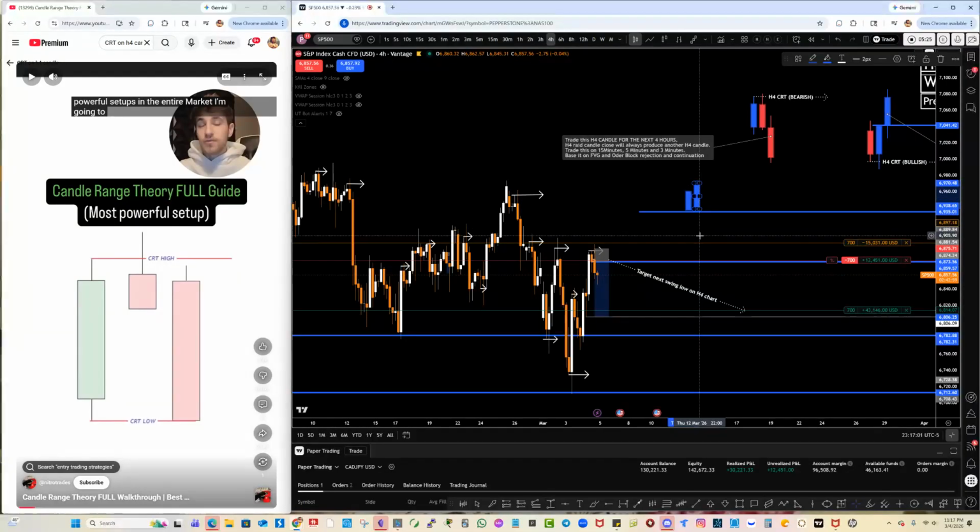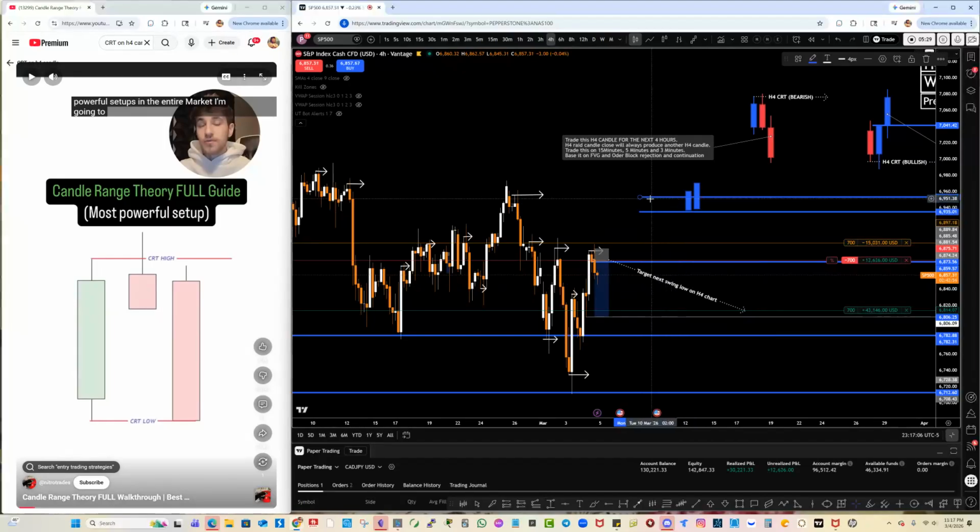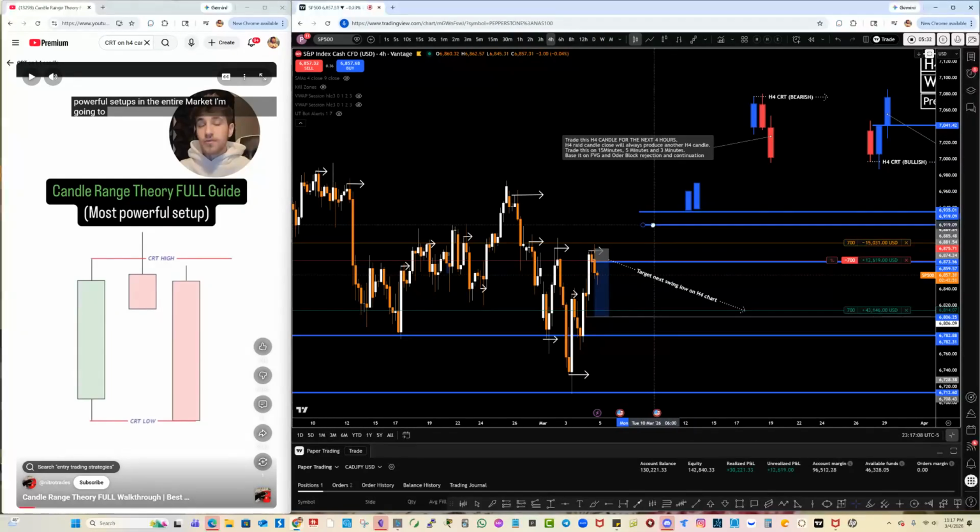Then we use our fair value gap. For example, here we use our fair value gap as stop loss.